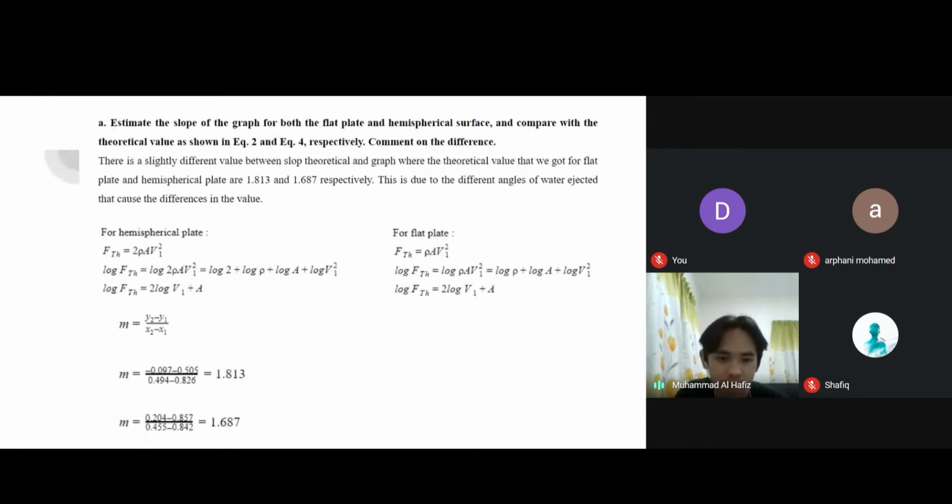So for the hemispherical plate, we know that the formula is 2 rho A V squared, so we can calculate the value. For the flat plate, the theoretical force is rho A V squared. The difference between these two is only the factor of 2 for the hemispherical plate.